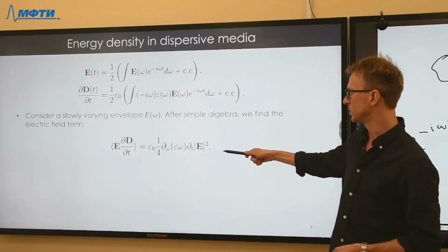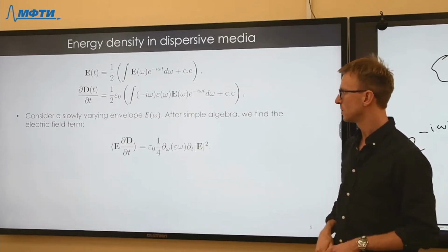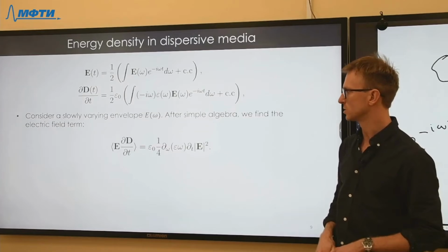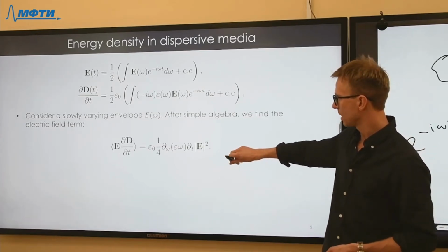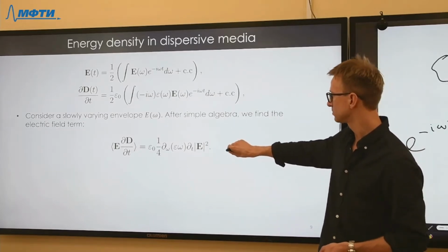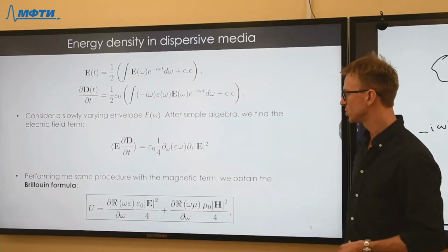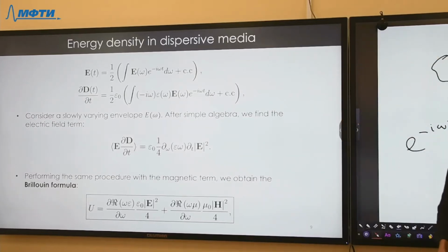I'm not going to go into the entire derivation of this. This can be found in classical textbooks, in Jackson and in Landau. And combining this with the analogous formula for the magnetic field, we will obtain the famous Brillouin formula, which describes the electromagnetic energy density in a weakly dispersive medium with possibly some dissipation.